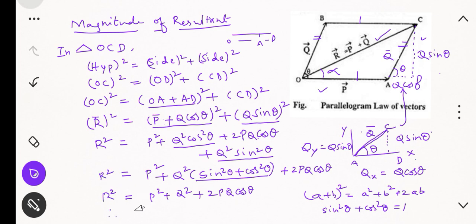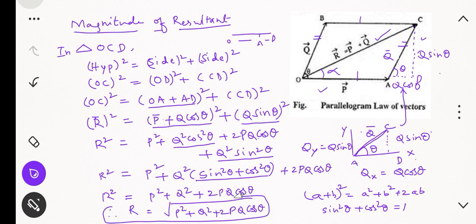Finally we get r is equal to the square root of p square plus q square plus 2pq cos theta. This is the magnitude of the resultant. We have obtained the expression for the magnitude of the resultant.